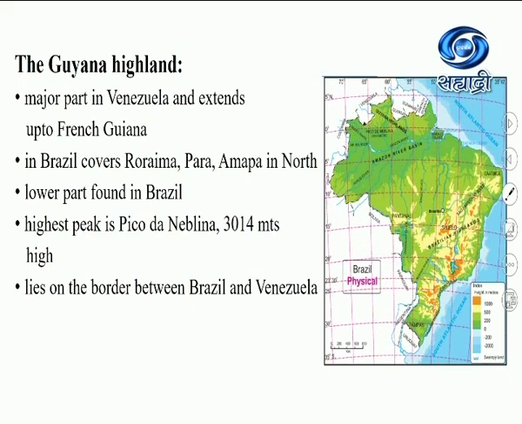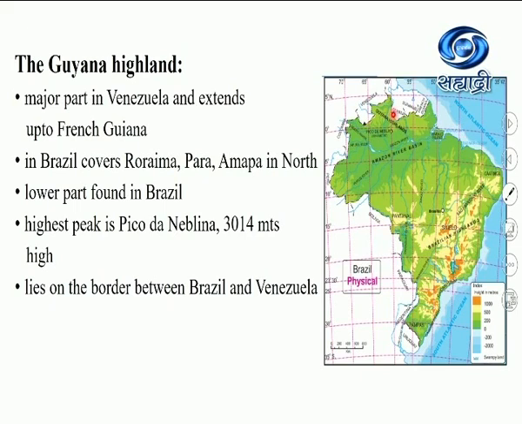So in Brazil, it covers Roraima, Para and Amapá in the northern part of the Brazilian region. The lower part of this Guiana Highland, which covers Roraima, Para and Amapá, is found in the Brazilian region.